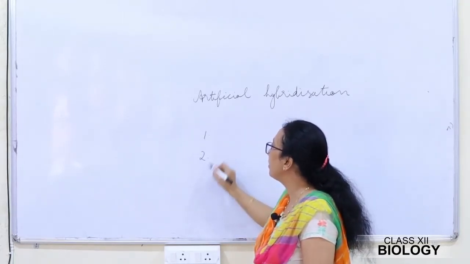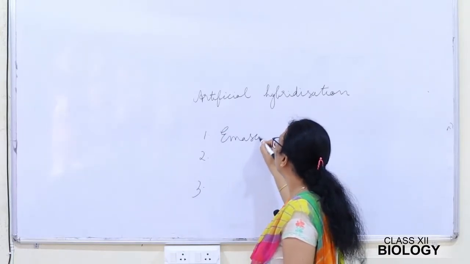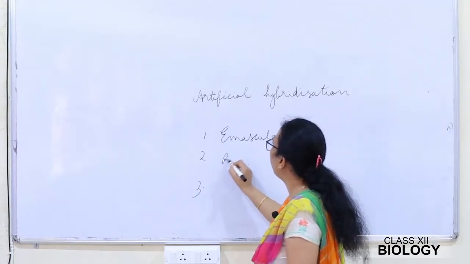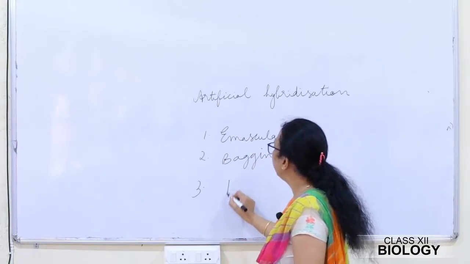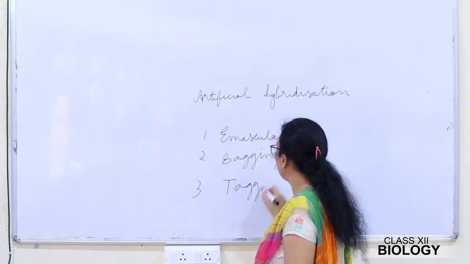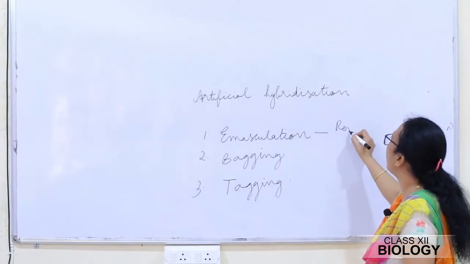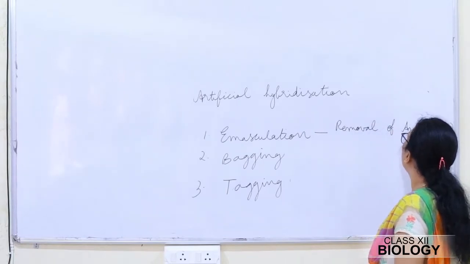Artificial hybridization involves emasculation, bagging and tagging. Emasculation means removal of anther.